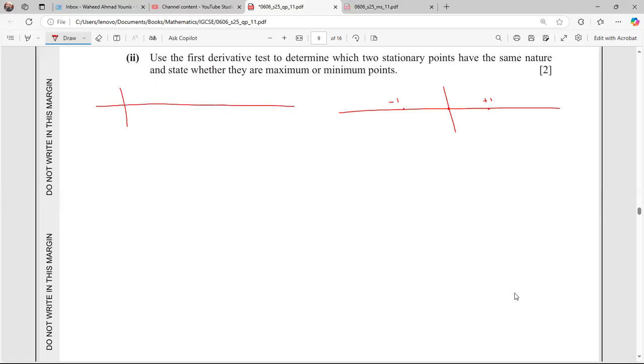Okay, so when the value of x is less than minus 1, or when x is between minus 1 and 0, and when x is between 0 and plus 1, and when x is more than plus 1.